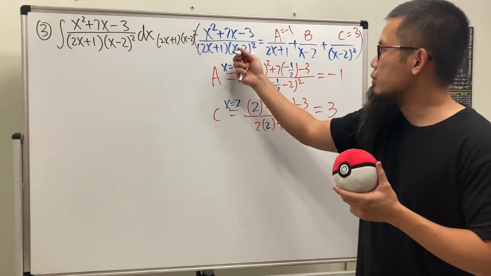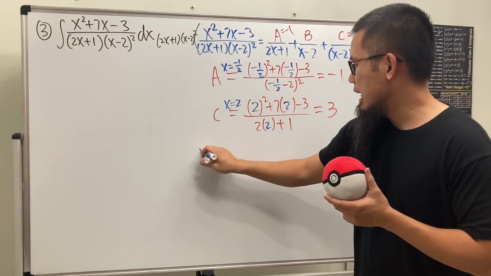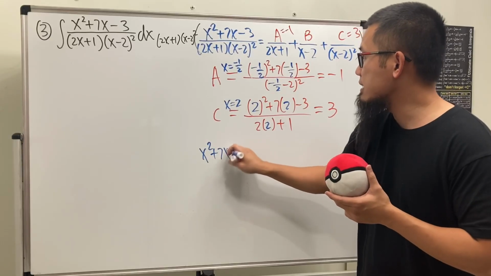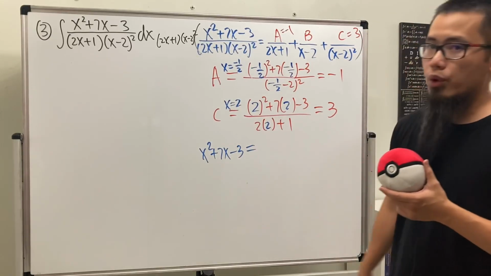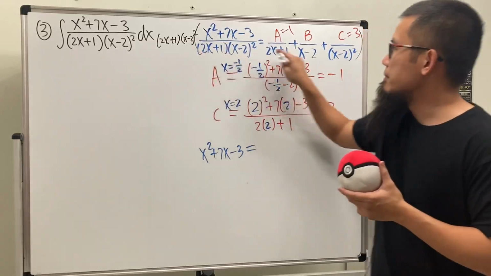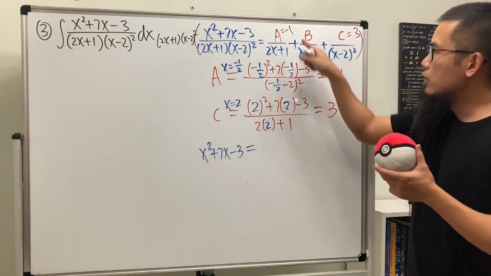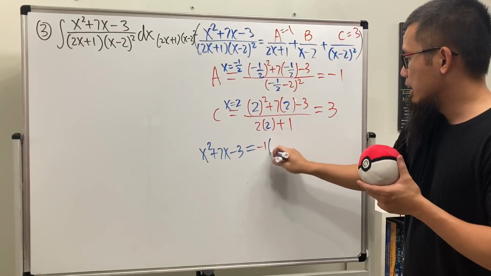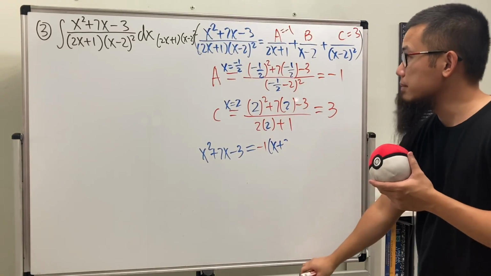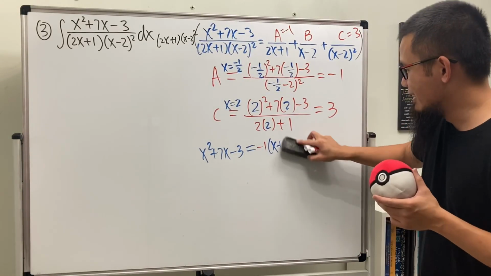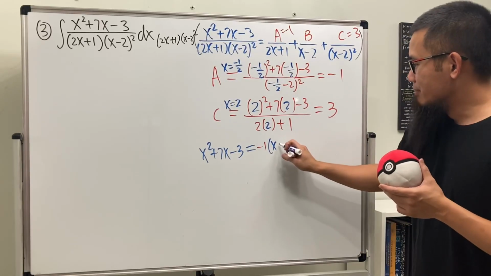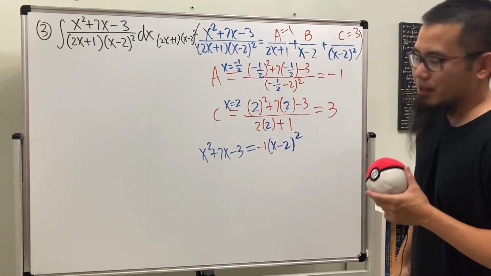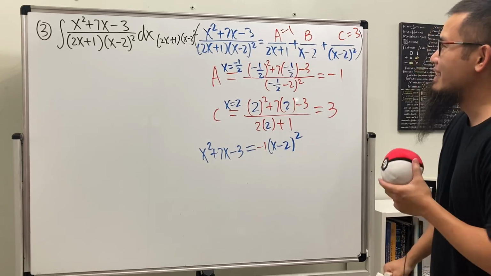So let's look at here, x squared plus 7x minus 3, that will be equal to, this times that, the 2x plus 1 will cancel, so we have negative 1 times this, which is x minus 2 squared. So be really careful, you see? I make mistakes too, so just be really careful for that.